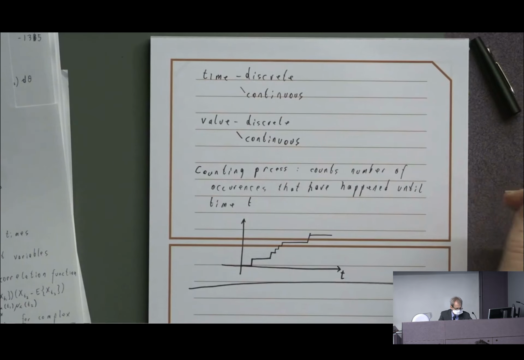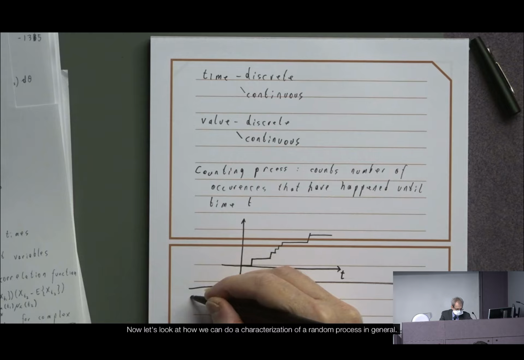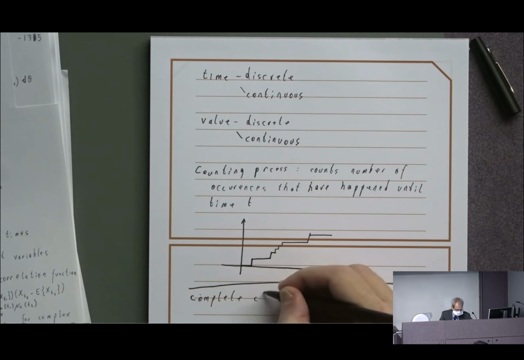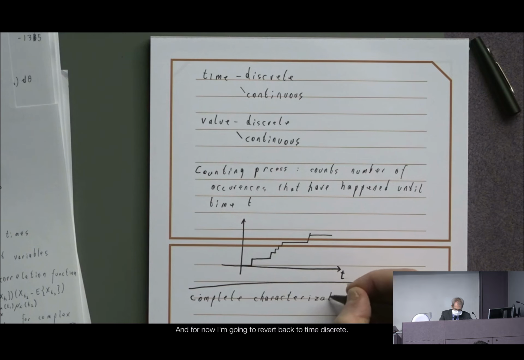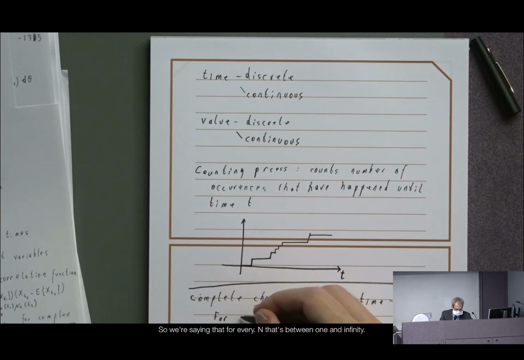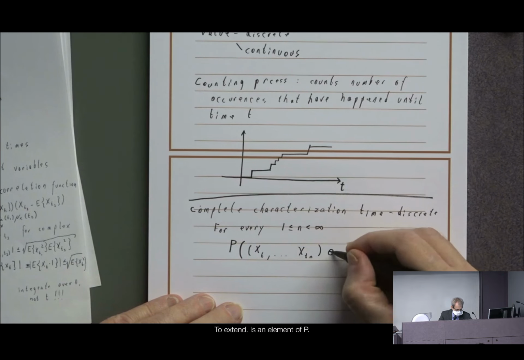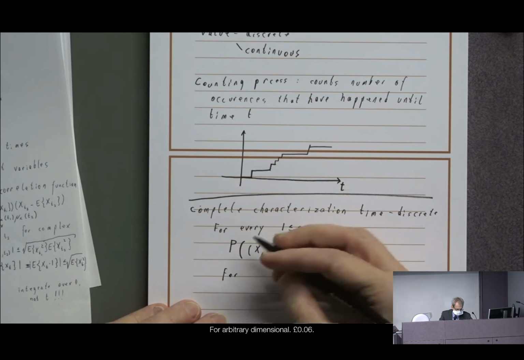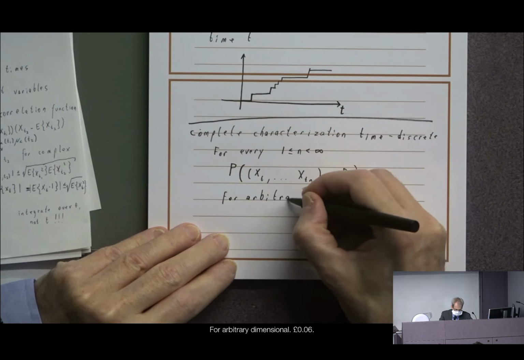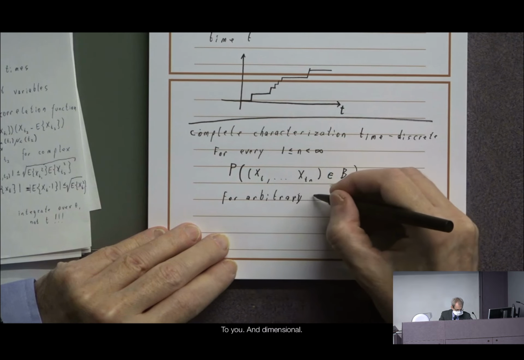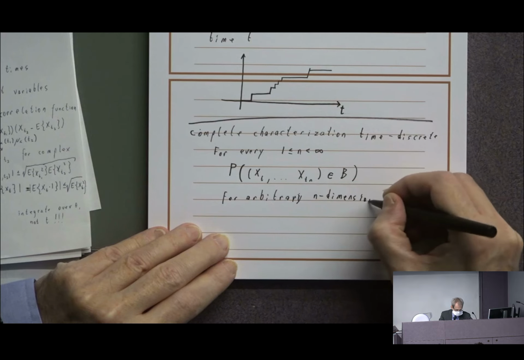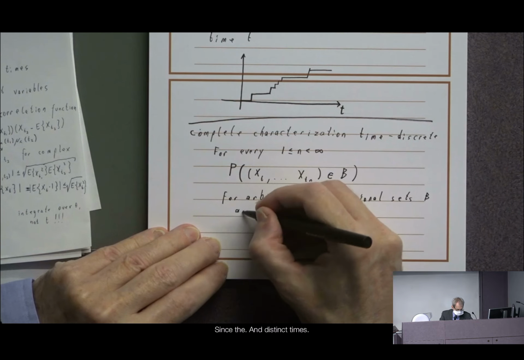Now, let's look at how we can do a characterization of a random process in general. And for now, I'm going to revert back to time discrete. So we're saying that for every n between 1 and infinity, we take the probability that the sequence x(t1) to x(tn) is an element of B, for arbitrary n-dimensional sets B and distinct times.